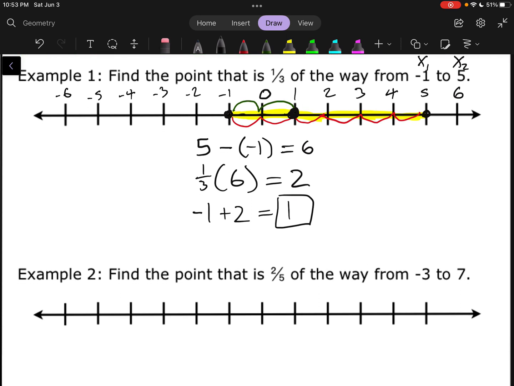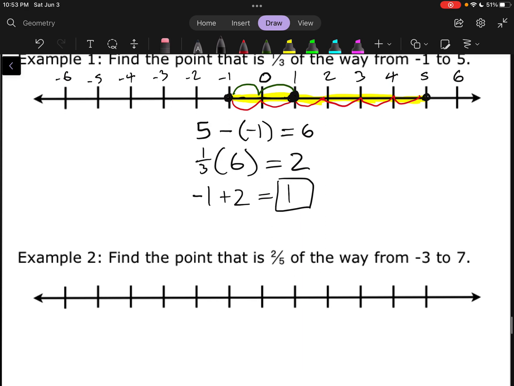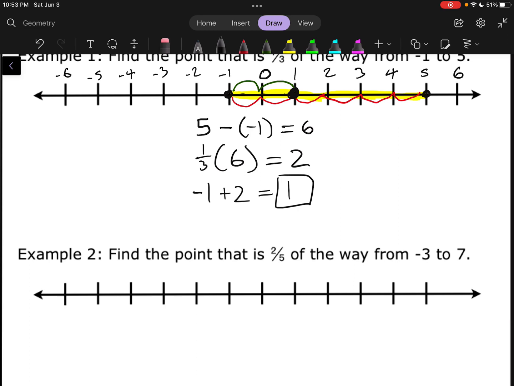All right, now what about this one here? We're trying to go from -3 to 7. 2/5 of the way from -3 to 7. Well, let's put -3 all the way over here then. -2, -1, 0, 1, 2, 3, 4, 5, 6, 7, 8.